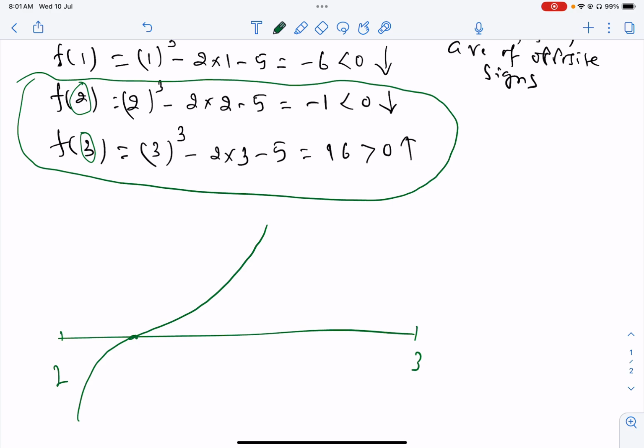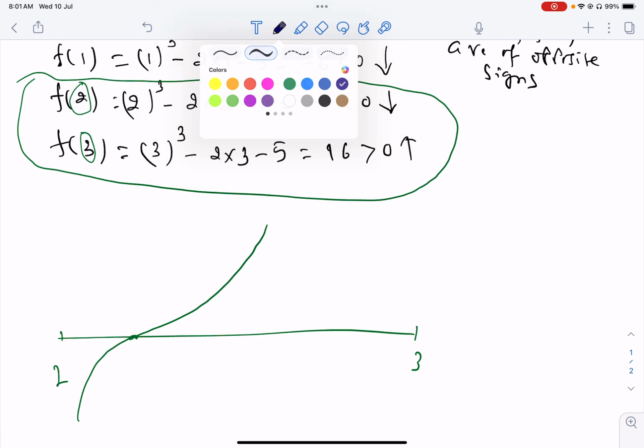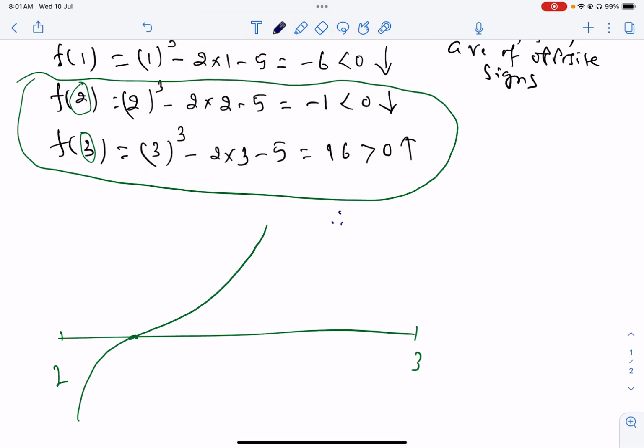So we can say that therefore there is a root in the interval 2 to 3. Okay, so 2 and 3 are the endpoints of this interval, and the root lies in this.